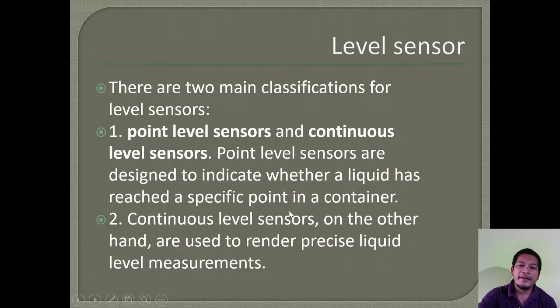Okay, so there are two main classifications of level sensors: point level sensors and continuous level sensors. Point level sensors are designed to indicate whether a liquid has reached a specific point in a container, and continuous level sensors, on the other hand, are used to render precise liquid level measurements.